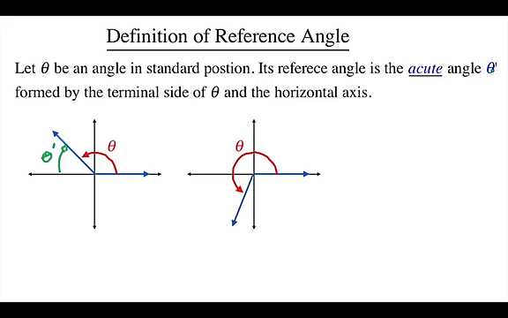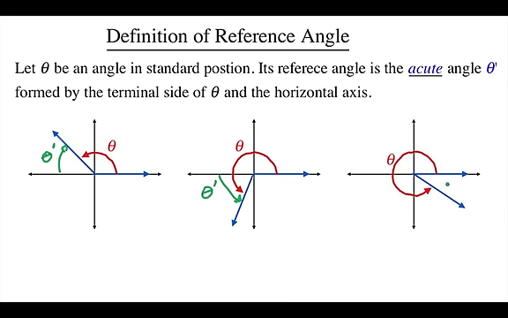So the angle has to be acute and it's going to come from the horizontal axis. So it's from here to here. And notice that this angle, it is acute. So this is your theta prime. Moving on to the next one. By now, you should have an idea that this is your theta prime. Okay, moving on to the next slide.